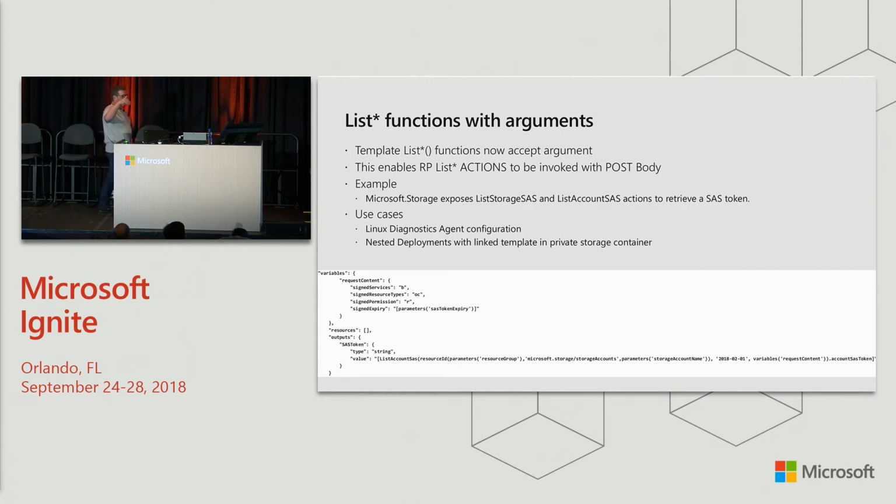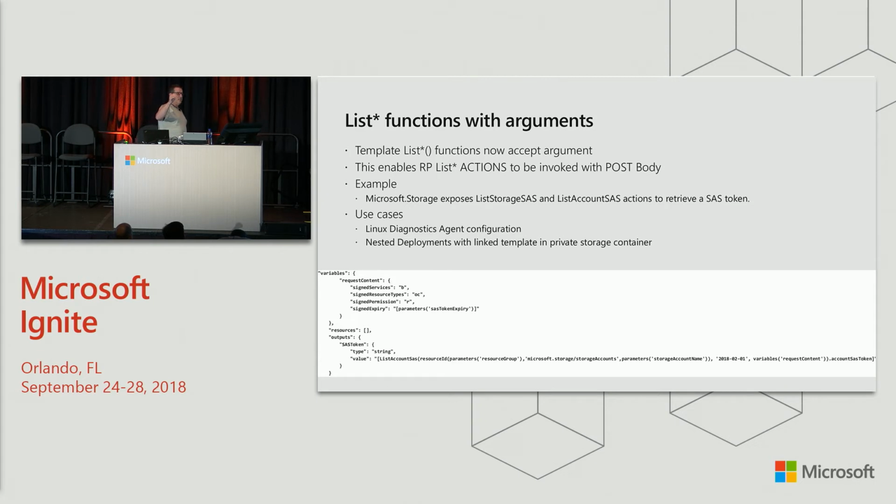Now, up until this new feature that I'll describe in a second, that would only work if that action did not take arguments. In other words, you could not specify arguments to that list function that were going to get passed to the RP. You think about listing account keys for a storage account, right? There's no arguments to that. It's just like, give me the keys, and you get a couple of keys back.